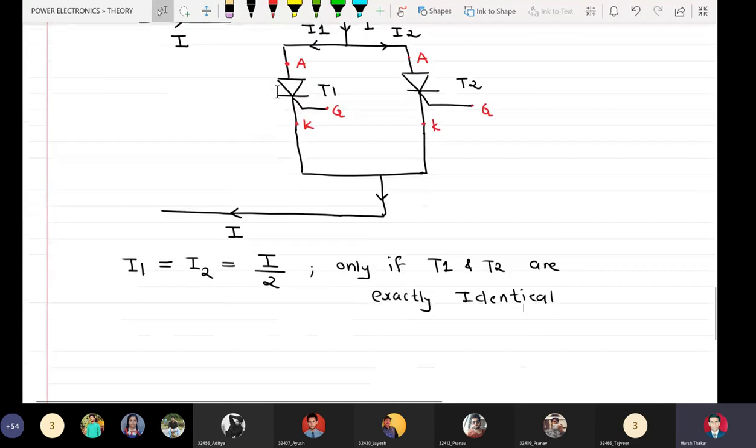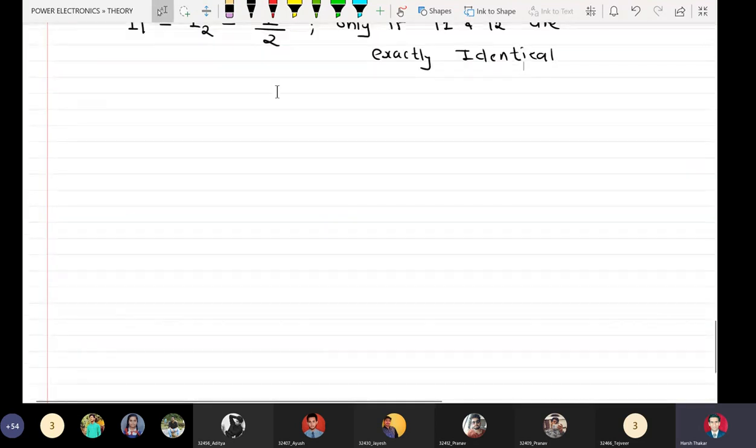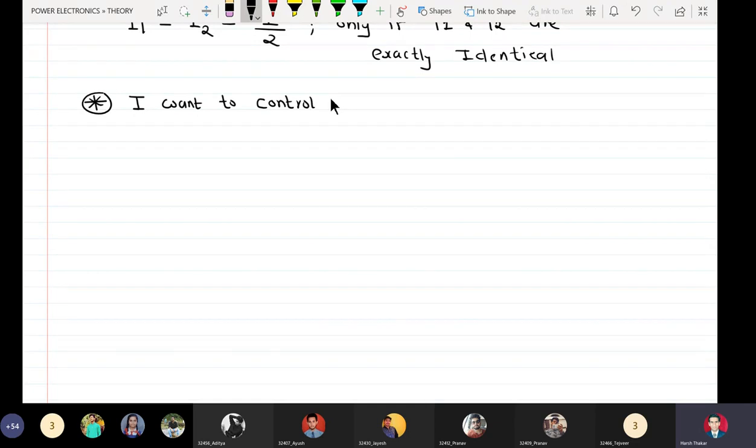Now take a practical example where I want to control an RMS current of 20 amperes.